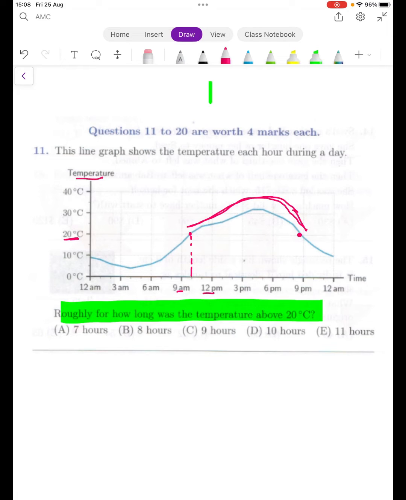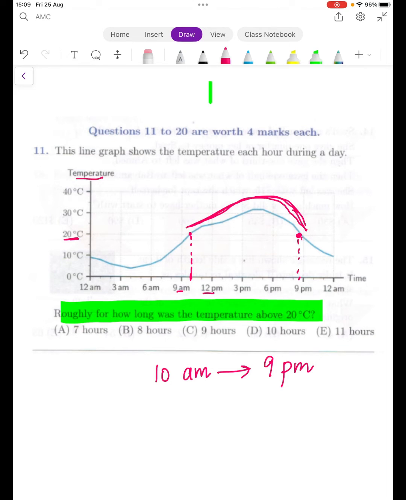We can see 9 a.m. here, 12 p.m. here, so this has to be 10 a.m. And it goes on, and it starts coming below 20 degrees after this point. Let's see what the time is here. This is not exact, but this is around 9 p.m.